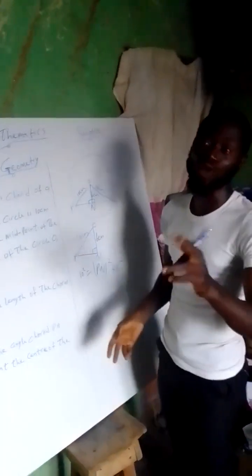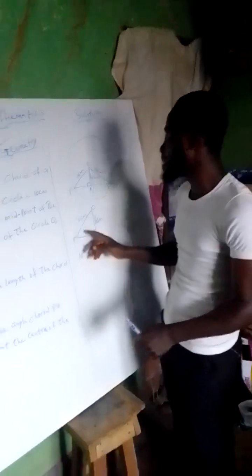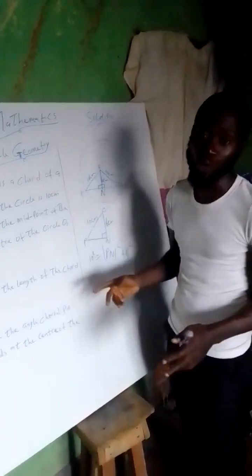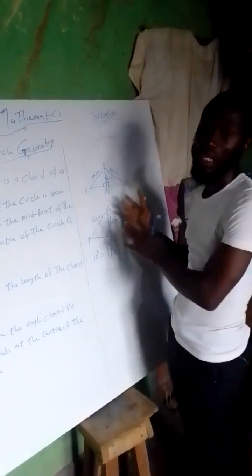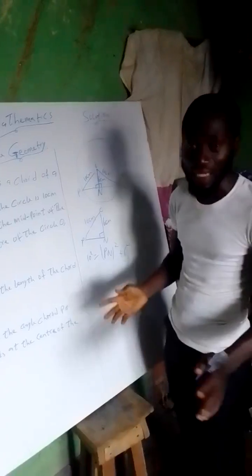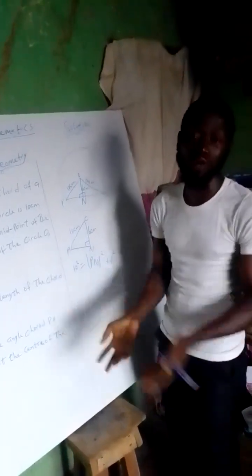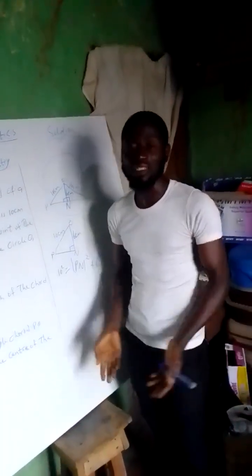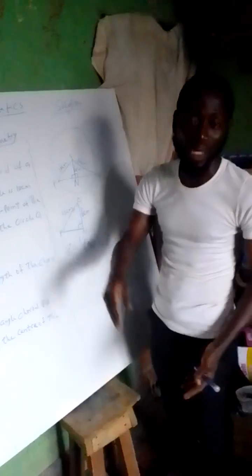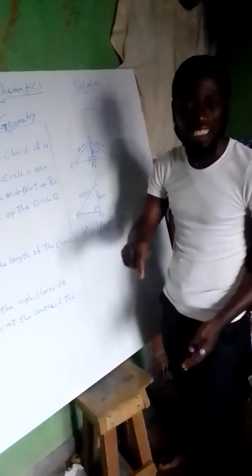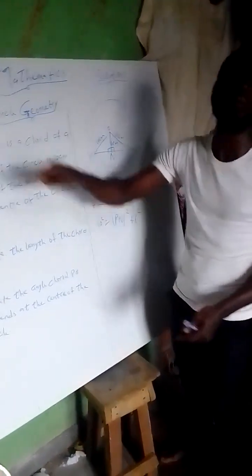Don't forget, not all triangles allow us to determine the opposite and adjacent. It's only in a right angle triangle, when one angle is given, that we can determine the opposite and adjacent. And that is why the theorem says the square of the hypotenuse is equal to the sum of the squares of the other 2 sides.